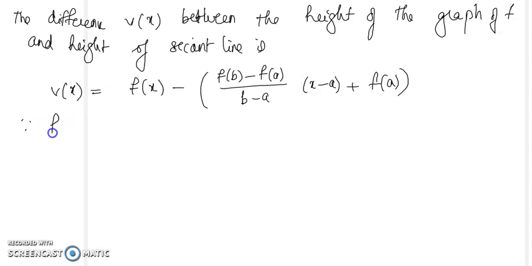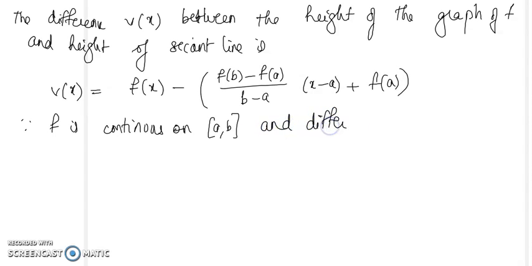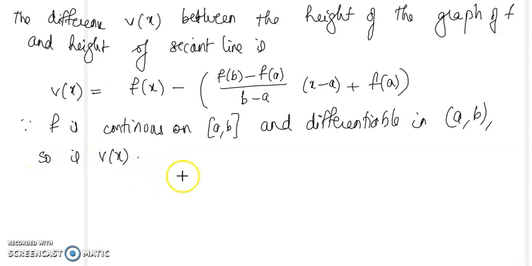So since f is continuous on closed interval a, b and differentiable in open interval a, b, so is v of x. So v of x is also continuous on closed interval a, b and differentiable in open interval a, b.